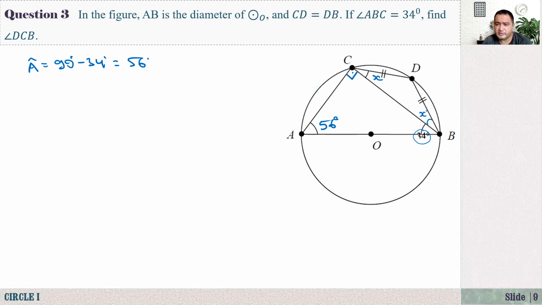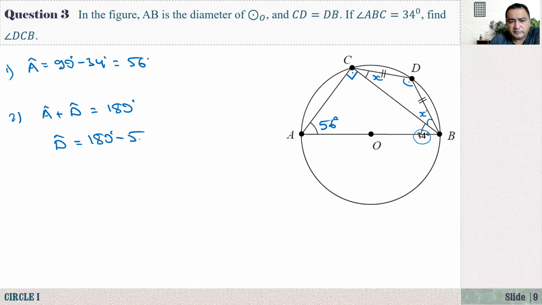Right. So as you see here, ABCD is a cyclic quadrilateral. So that means, step number two, angle A plus angle D should be equal to 180 degrees. Angle A is 56. What is angle D? It is 180 minus 56, which is equal to 124 degrees.